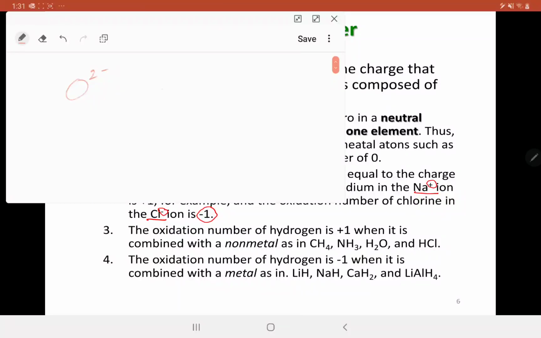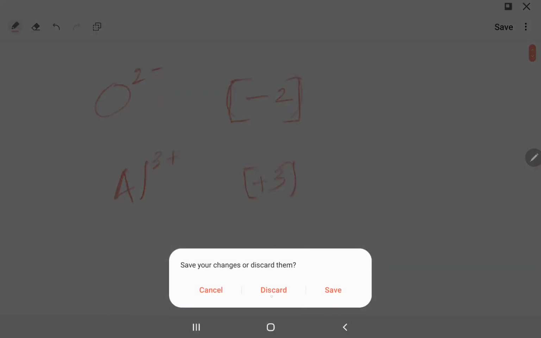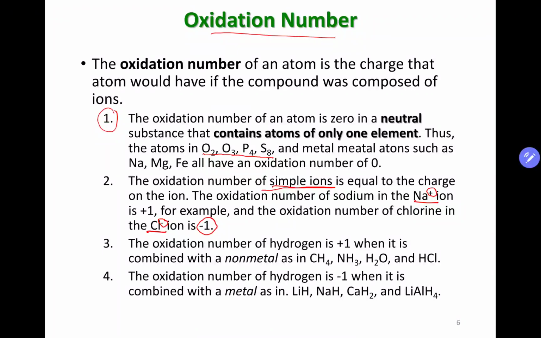The oxidation number will be -2, and don't forget to use a square bracket. And if you have an aluminium ion, the oxidation number of aluminium ion will be +3. So basically for simple ions, oxidation number is very straightforward, and the charge will be equal to the oxidation number.